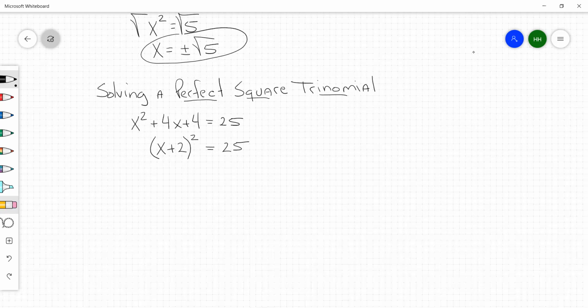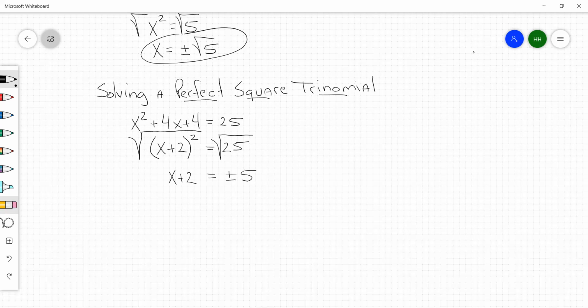With me? Now, since this whole quantity is being squared, if you square root the entire left side and you square root the entire right side, the square root of x plus 2 squared is just x plus 2. And that's equal to the square root of 25, which is positive or negative 5. So now you can pull your two solutions out of here by writing two equations.